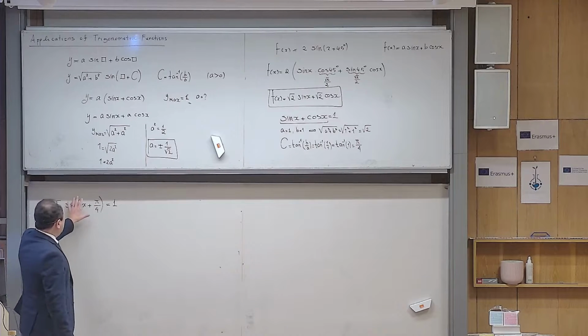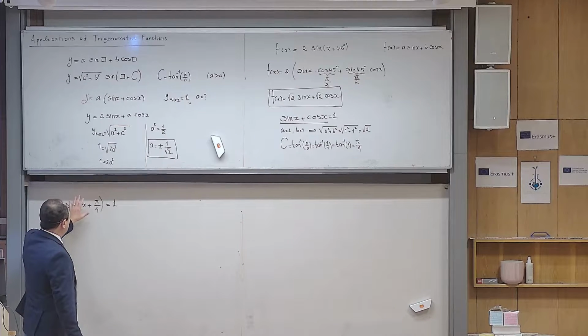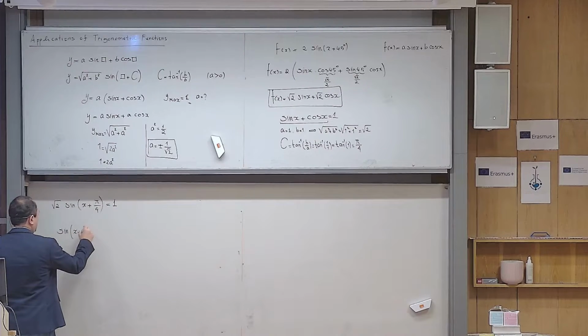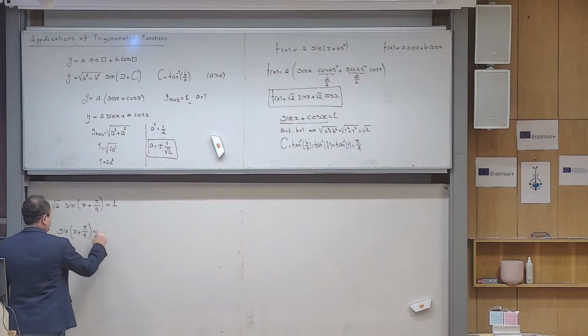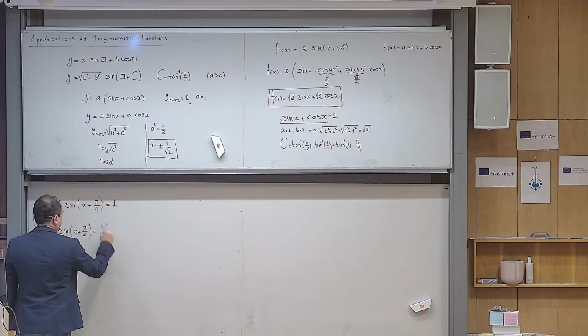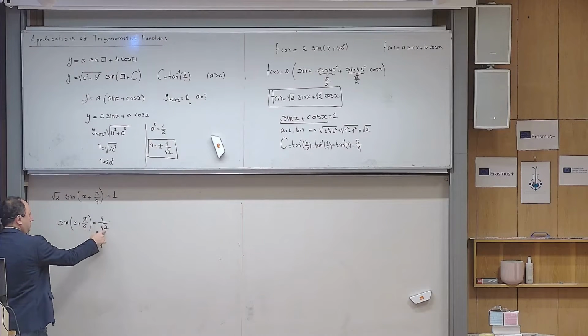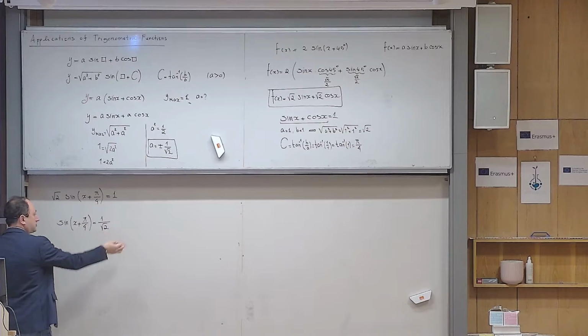I have sine. This is standard because I want to put sine equal to a number, so it motivates you to divide everything by square root of 2, which becomes 1 over square root of 2. And then do you remember? This angle is sine inverse of this plus 2n pi. Another option is that this is equal to pi minus sine inverse plus 2n pi.